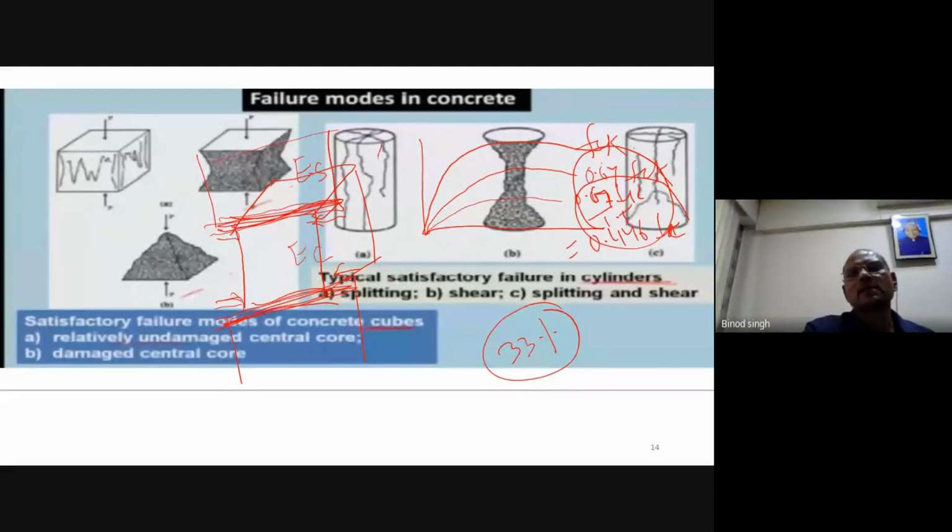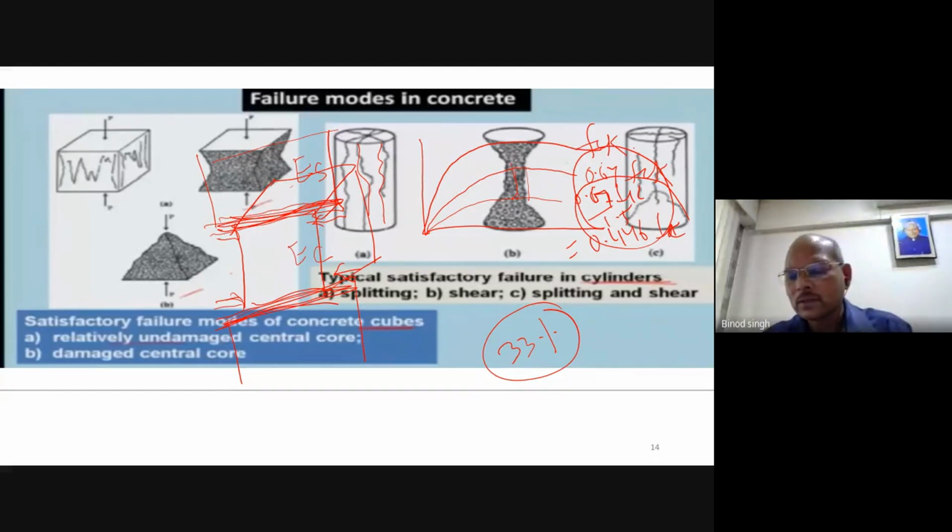But if the cylinder has a sufficient length, you can get cracks in this fashion, particularly in the central zone. If the height of the core is double the diameter, then you can get the actual strength, by Saint-Venant's principle.